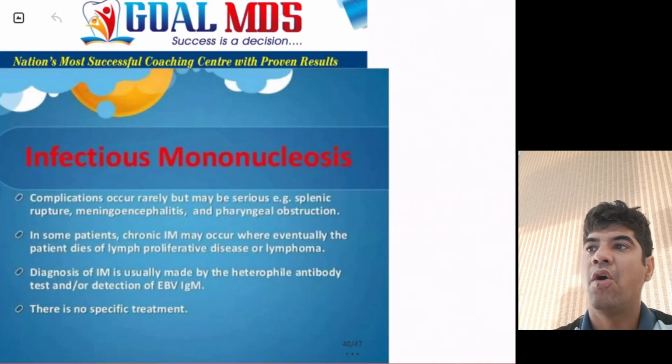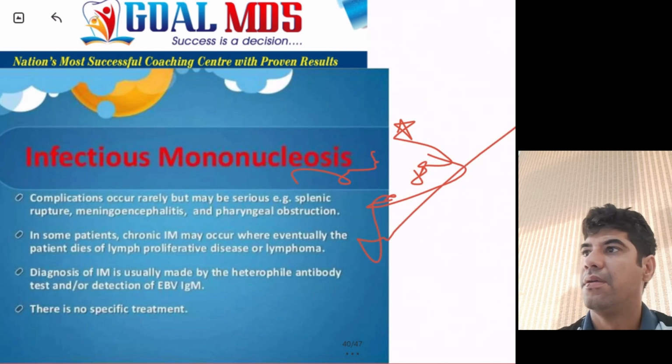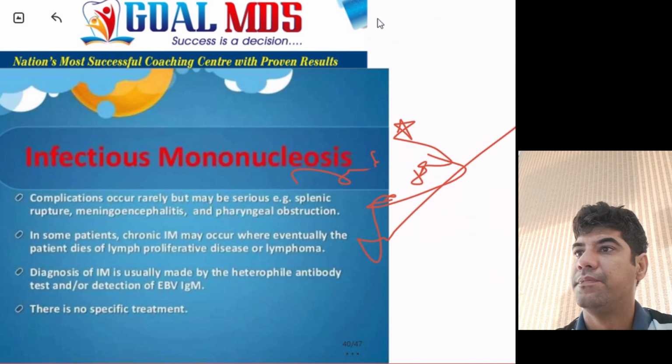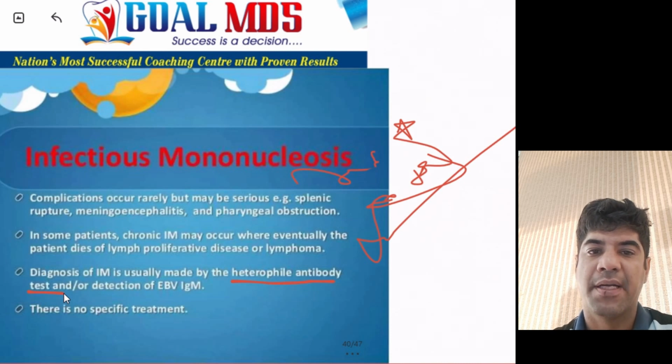Now, very important is how will you make the diagnosis of infectious mononucleosis. Remember for your MCQ exam, the diagnosis is through the heterophile antibody test and IgM antibodies that cross-react.